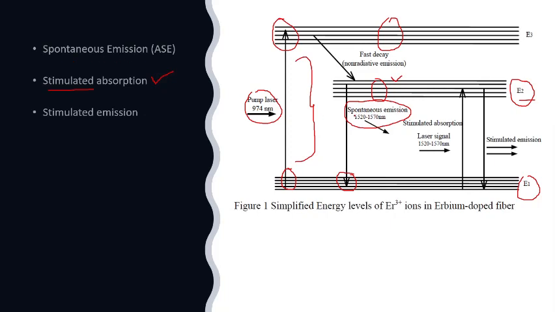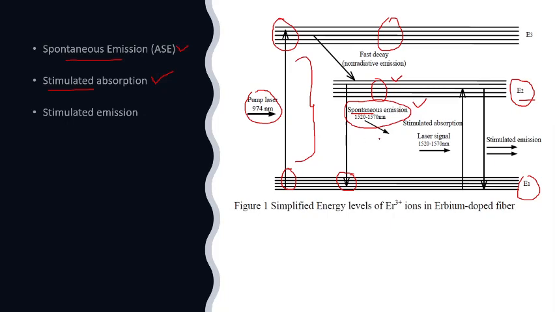This particular type of emission is the noise component in an amplifier. Spontaneous emission always happens. It is a natural phenomenon, and that is the noise factor of an amplifier.